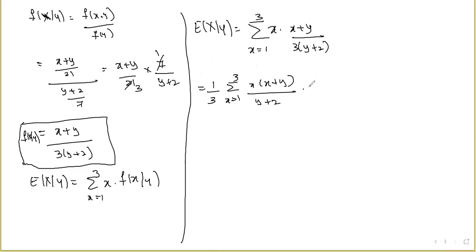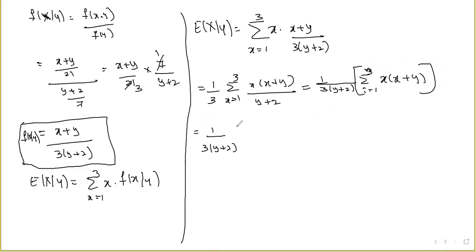Now, this is equal to 1 by 3, right? And y plus 2 is also independent of this variable, so I will take it outside. That is y plus 2. So now the summation running from 1 to 3, then the remaining things are x into x plus y. This is equal to 1 divided by 3 into y plus 2.